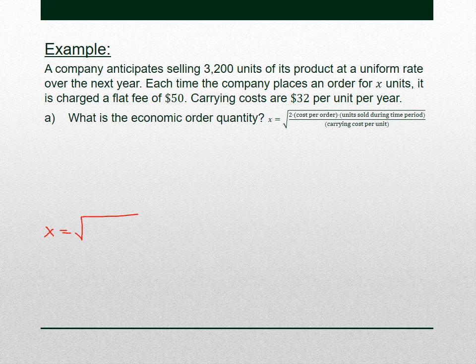So X is the square root of 2 times, and then what's your cost per order? Well, that's this, every time you order, you're charged $50. So that's 2 times 50 times units sold. Well, it says they're going to sell 3,200, so times 3,200. And then divided by carrying cost per unit, that was 32, so over 32. So what is that?